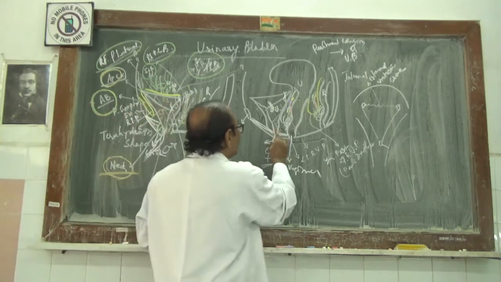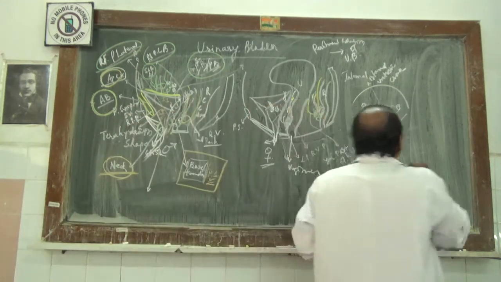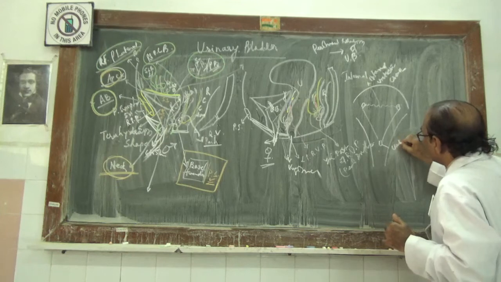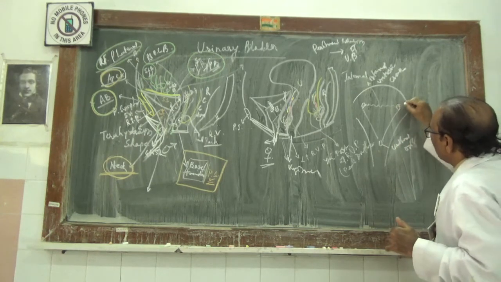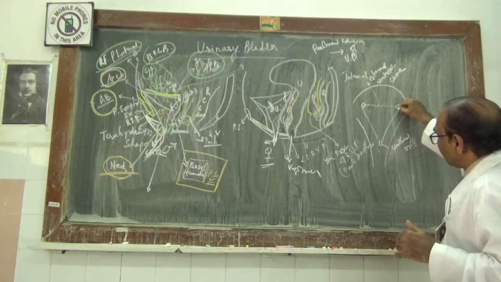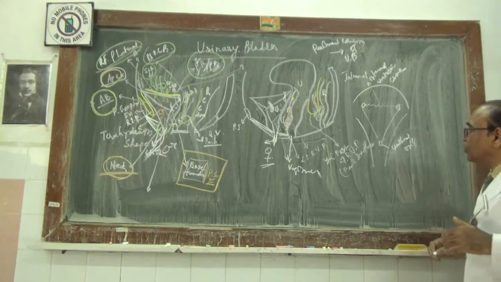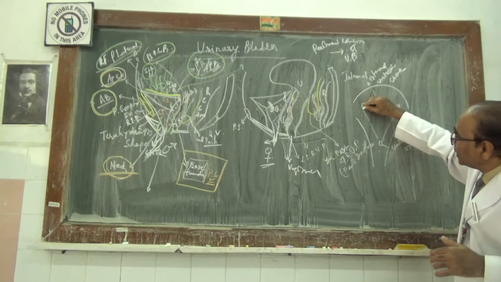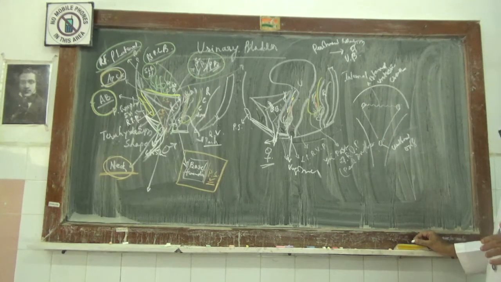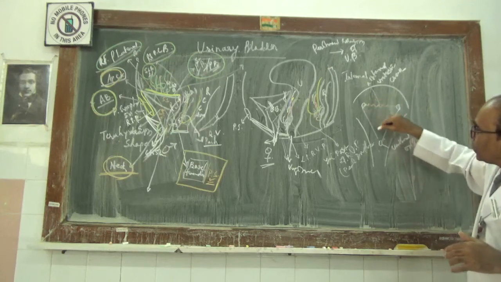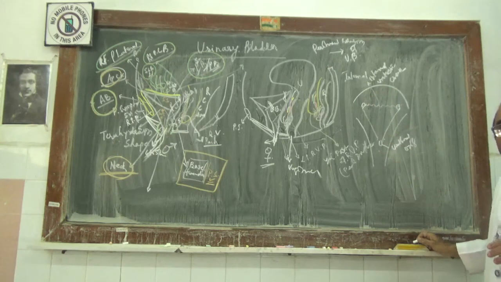Here also it becomes the urethra. So, the ureteric orifice of one side uniting with the urethral orifice in the neck. This is another line joined from the other ureteric orifice to the urethral orifice.